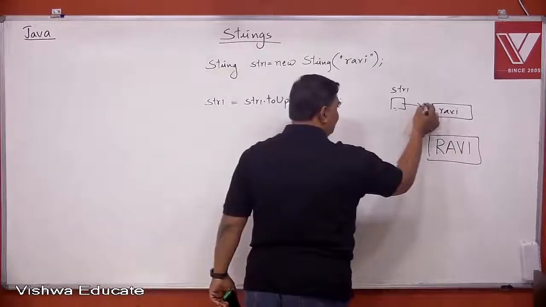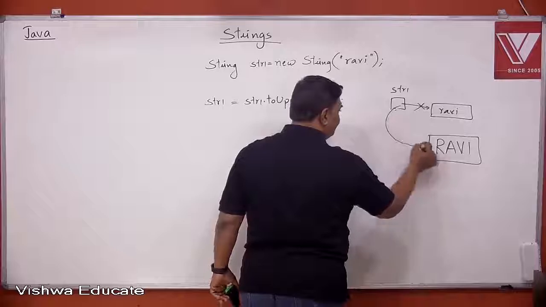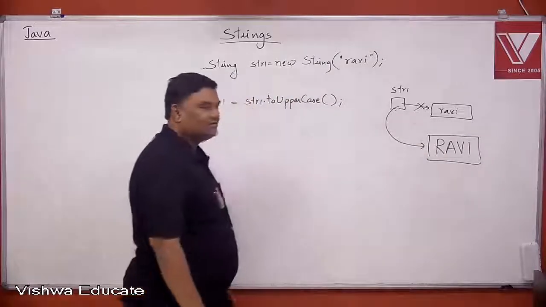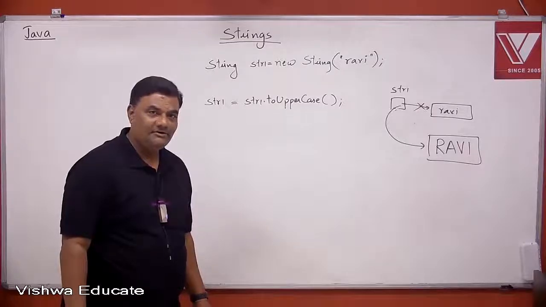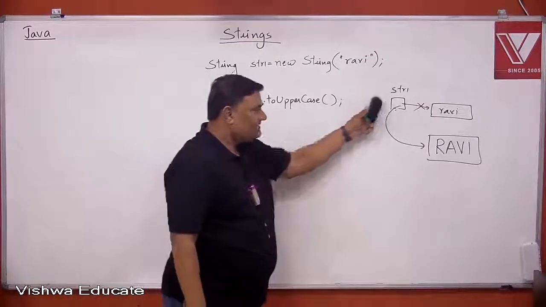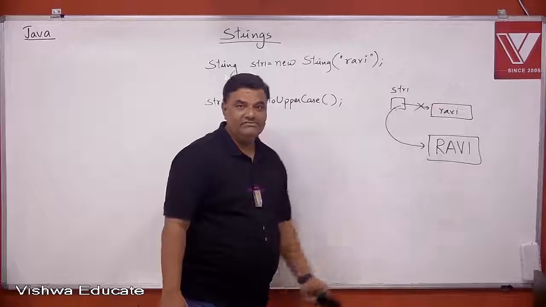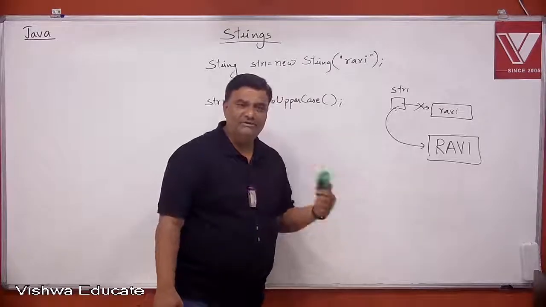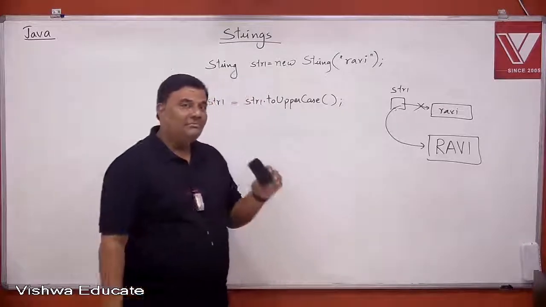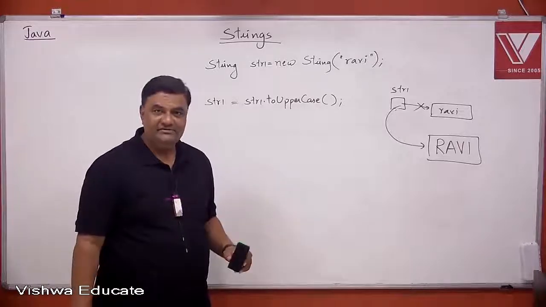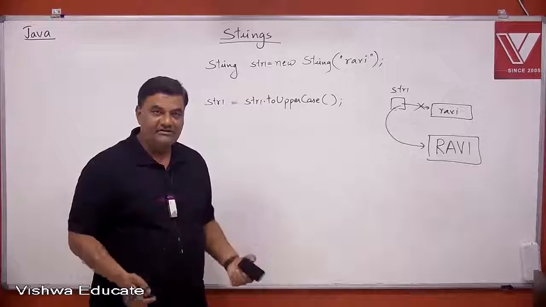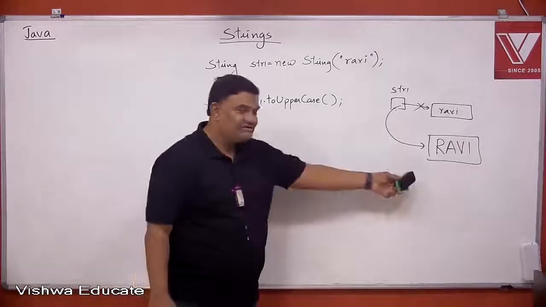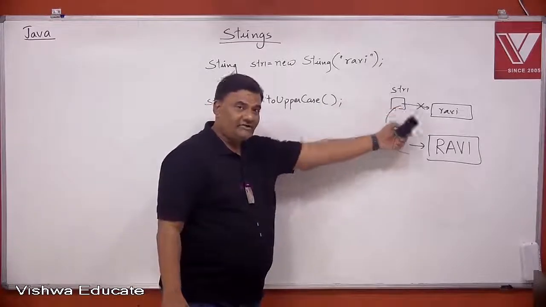So str1 will lose a reference from here and it will be referring to this one. Pointing will be a wrong term in Java, but referring we can say. For understanding, it's a pointer only actually, but we are calling it a reference. So it refers to this object. It will lose the reference to that object.